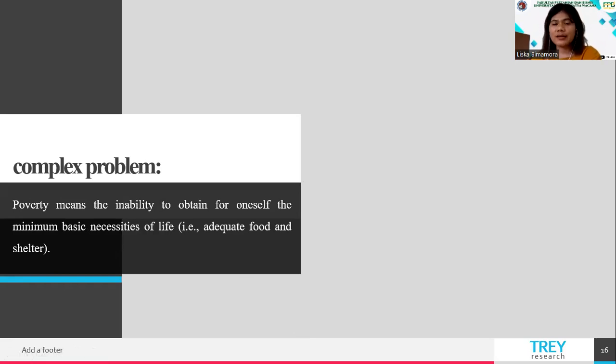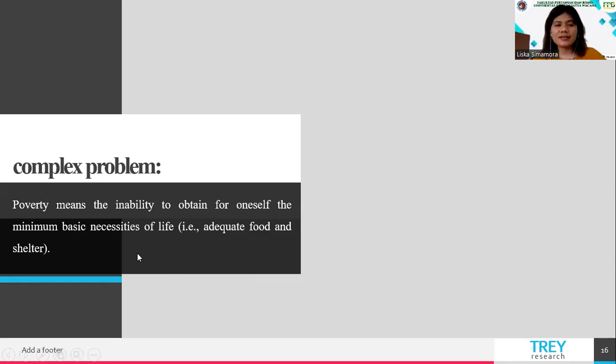So in the complex problem, they have a definition. Poverty means the inability to obtain for oneself the minimum basic necessities. So this complex problem has specified number of variables. What is the variable here? The variable is just one.